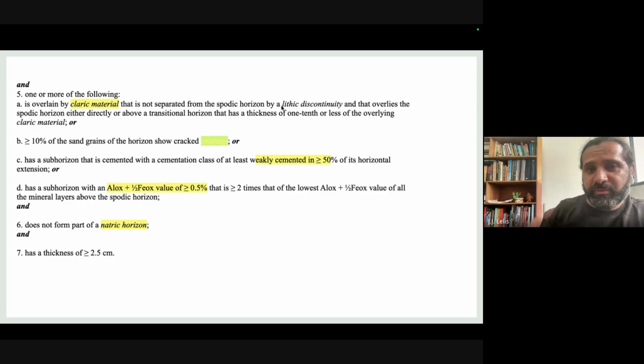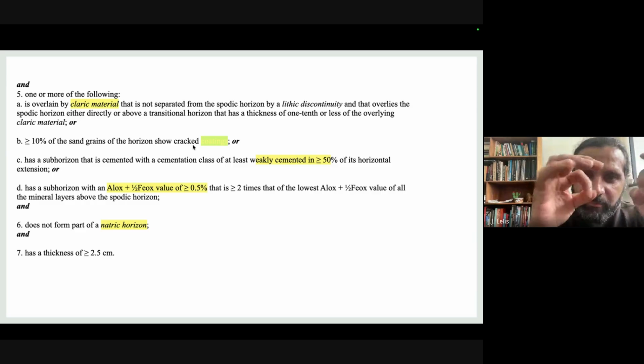So the difference of morphology between these two horizons is not related to alluvial or colluvial materials, okay? Or a minimum of 10% of the sand grains of the horizon show cracked coatings. So I should register some organic coatings covering the sand grains, and they should be cracked. Okay, we must see some cracks.